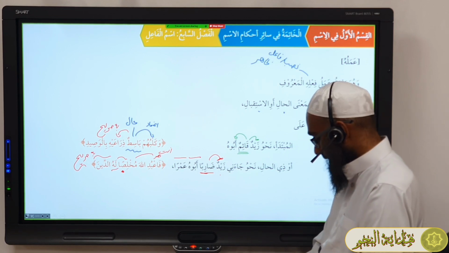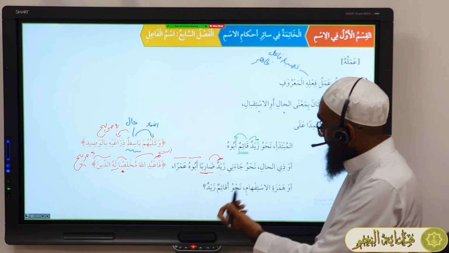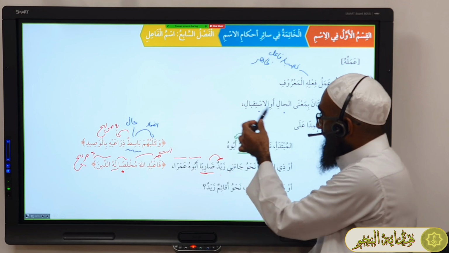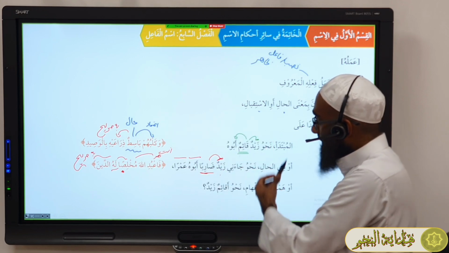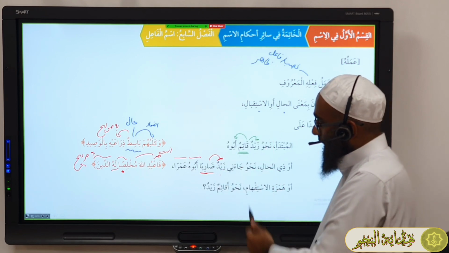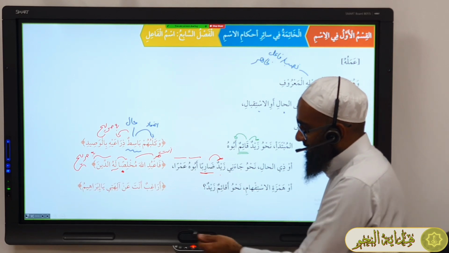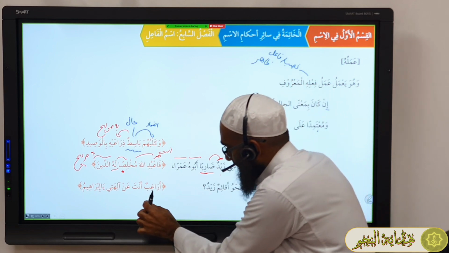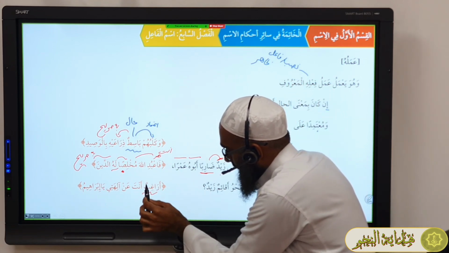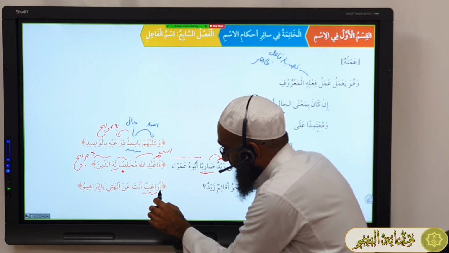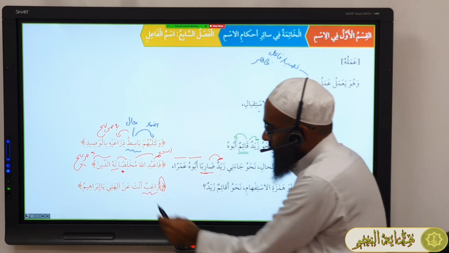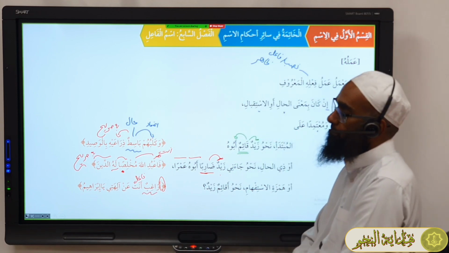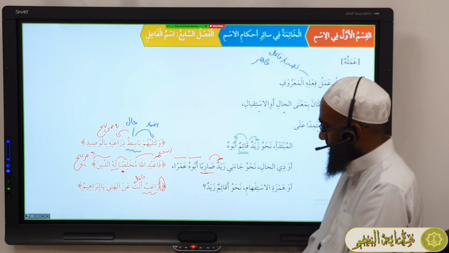The next example is if you have a hamzul istifham, same condition. So it's a hal and it has a hamzul istifham before it. No mubtada before it, no dhul hal before it. It's also permissible. قائم زيد. An example of this is what? أراغب أنت عن آلهتي يا إبراهيم. So you have here ism al-fa'il in the meaning of the present, and it comes after an istifham. So the anta, you can have this ism al-fa'il as a zahir, as an ism al-zahir.